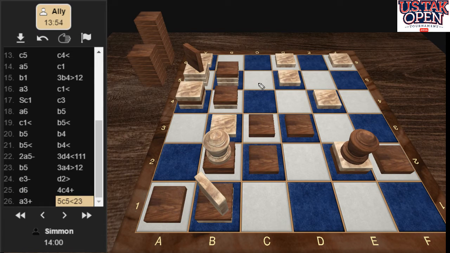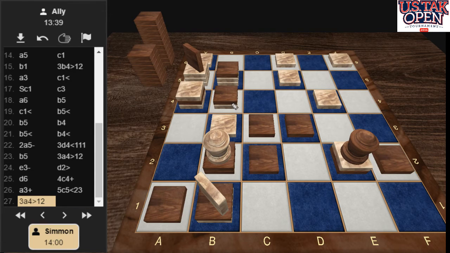All right, and he throws. Okay, so Simmon decides to throw that wall across. Kind of like to see him throw this stack here and here. That leaves 2 white pieces in this stack. Yeah, there we go, and allows him to make his vertical connection here.